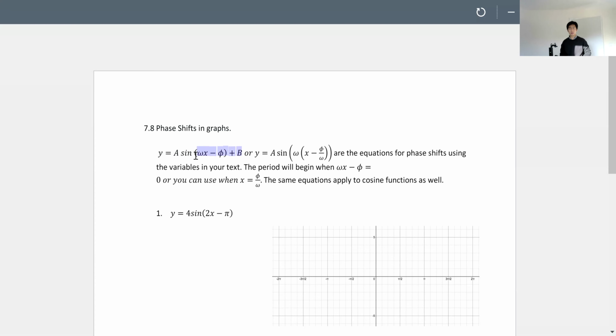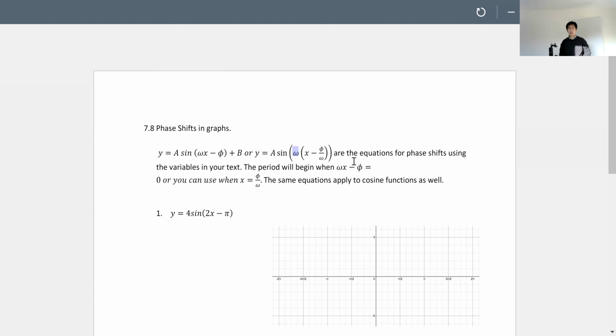Instead of drawing the picture of this directly, we factor the omega outside, so that we just have 1 times x inside, minus phi over omega.